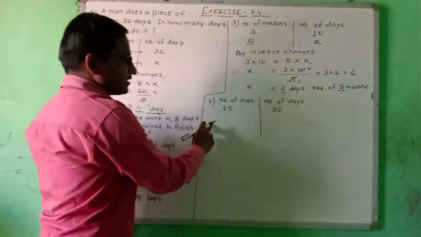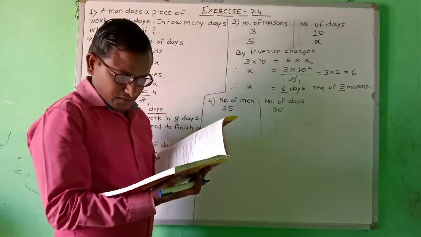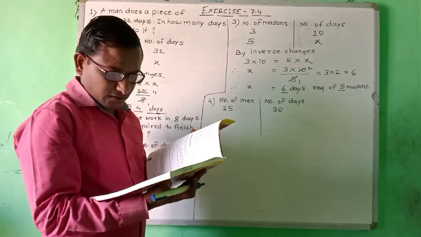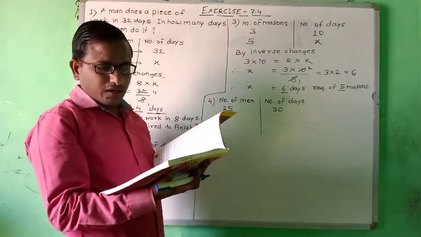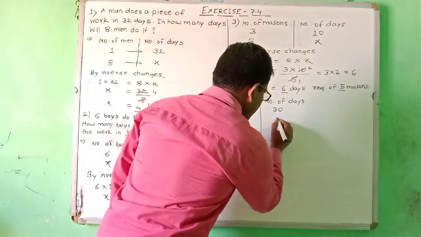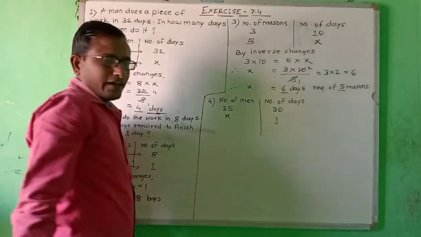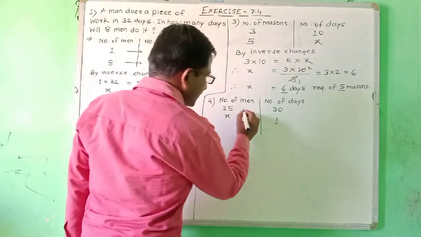And then in the second condition, in one day complete this work, or how many men will plough a field in one day? So here number of days is 1, and then how many men are required for one day? So consider here x, and then do the multiplication.